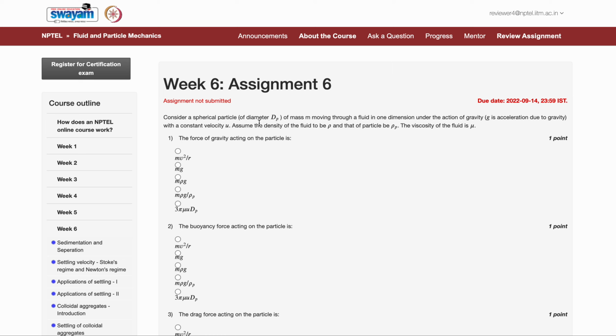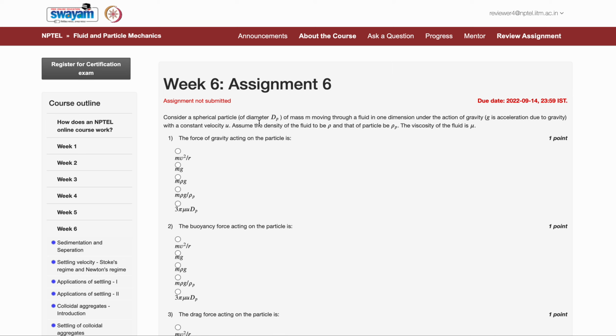So I have a spherical particle of diameter dp, of mass m, moving through a fluid in one dimension under the action of gravity. So you have the gravitational force acting on the particle. The particle has diameter dp, mass m, and it's moving through a quiescent fluid under the action of gravity, with a constant velocity u.